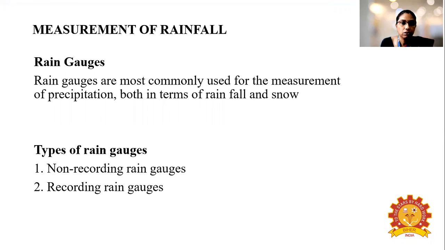So rain gauges are most commonly used mainly for the measurement of precipitation, both in terms of rainfall and snow. Types of rain gauge which are used for measurement of rainfall are the first one, non-recording rain gauges, and the second one, recording rain gauges.